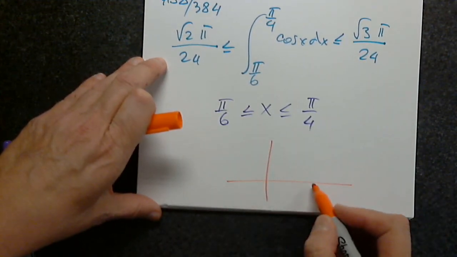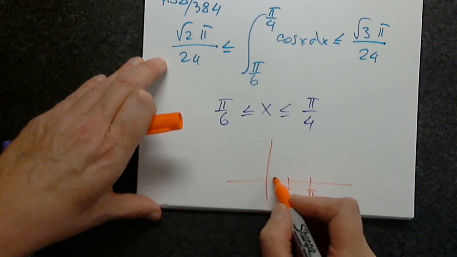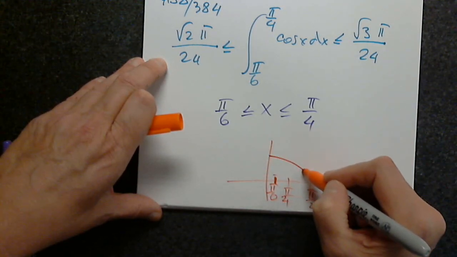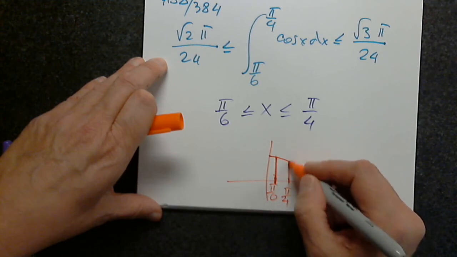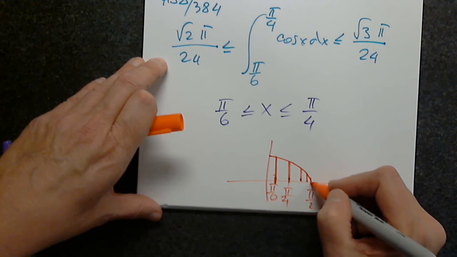So this is pi over 2, and this is pi over 4, and this is pi over 6. And cosine does this. At pi over 6 it is a bigger number than at pi over 4, and then smaller and smaller.